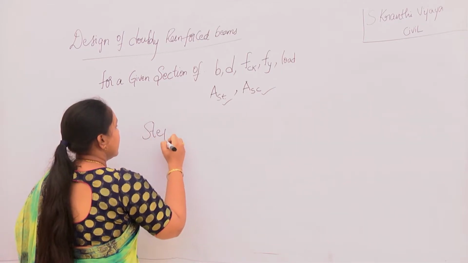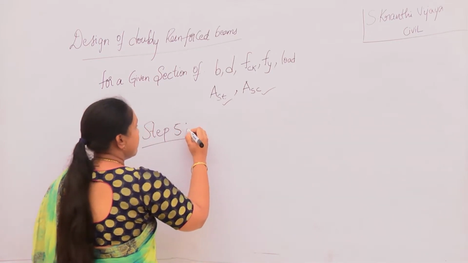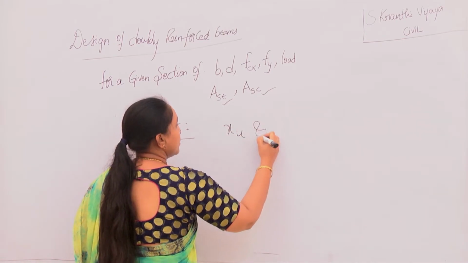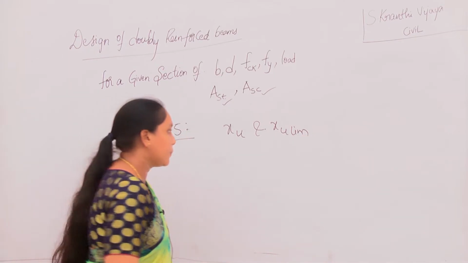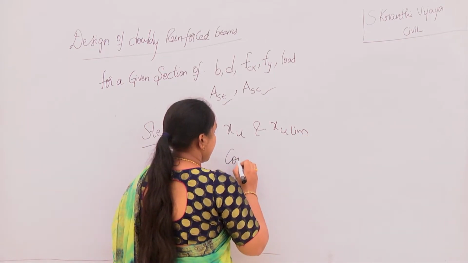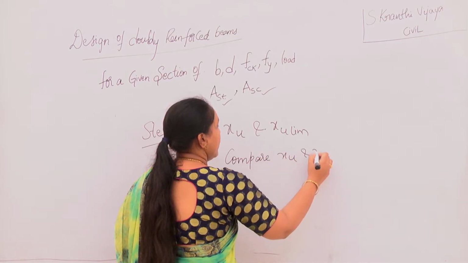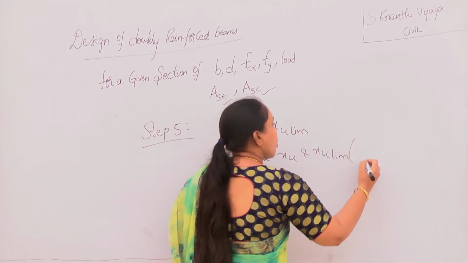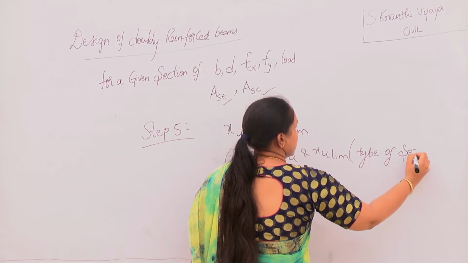The next step, when you are designing, is to find out the Xu and Xu limit and compare them for knowing the type of section.